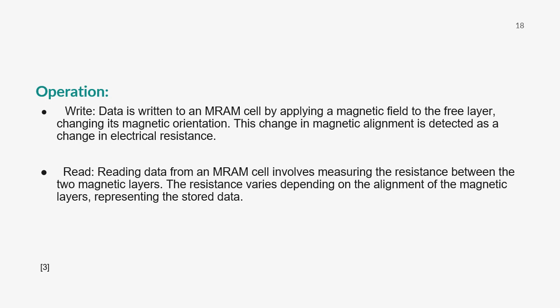However, if the magnetic moments are anti-parallel, the cell resistance will be high. The memory characteristics of writing and erasing in MRAM are fulfilled by passing current through the write line to induce a magnetic field across the cell.